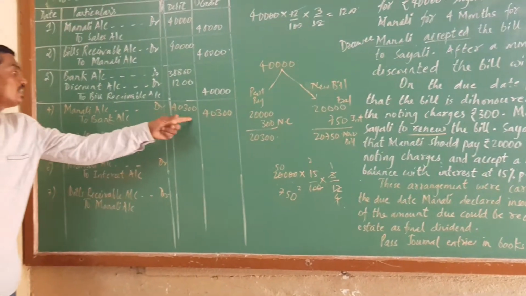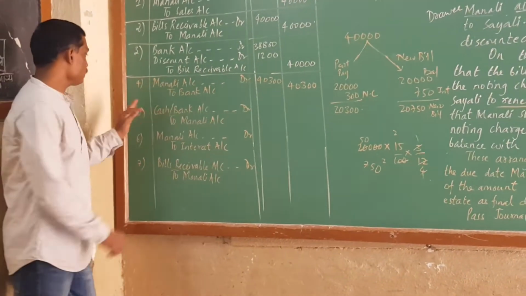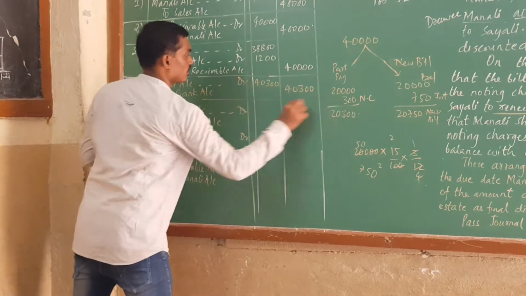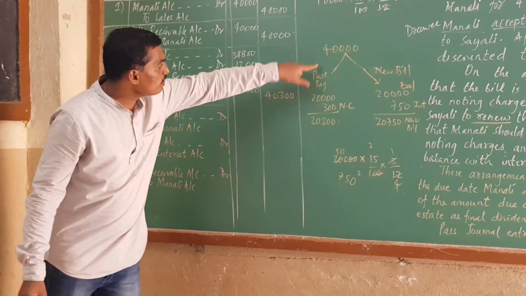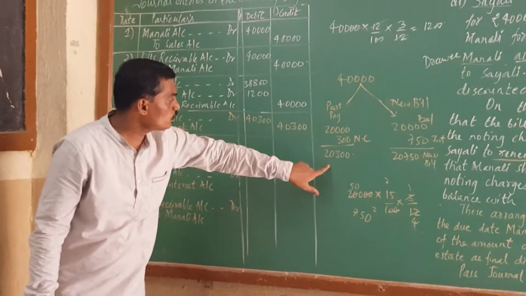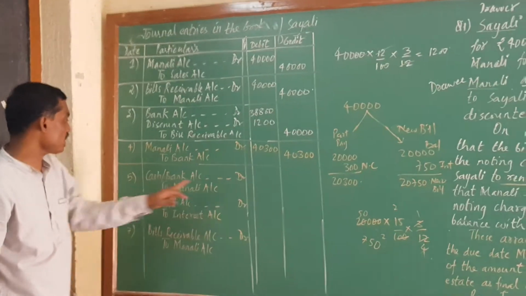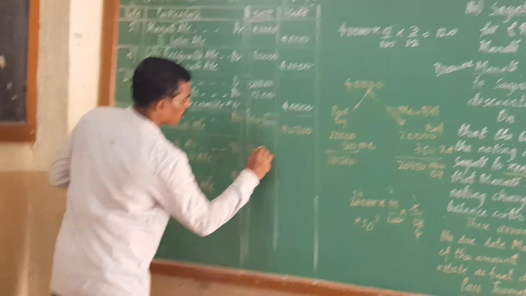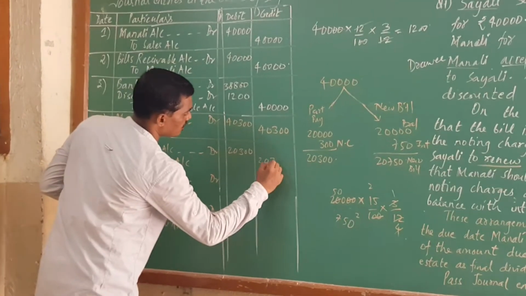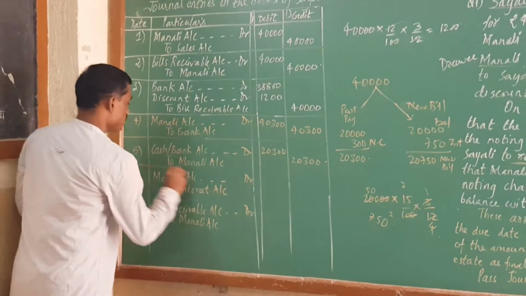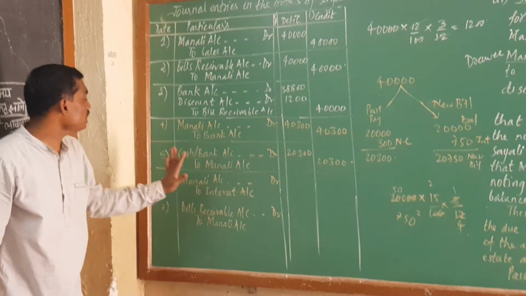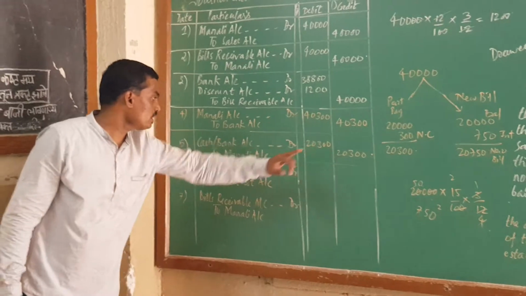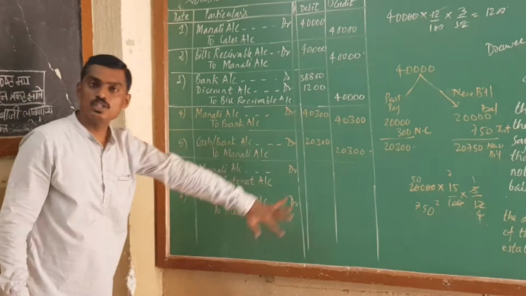Narration is being bill dishonored. Then part payment: 20,000 plus noting charges, 20,300. Cash bank account debit to Manali, 20,300. Narration: being part payment received from Manali.